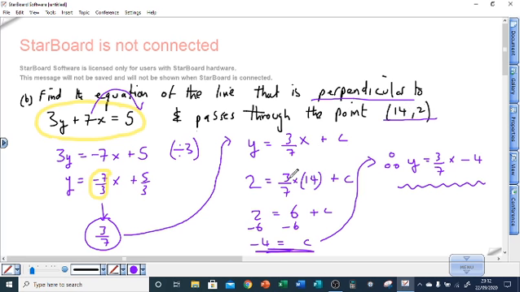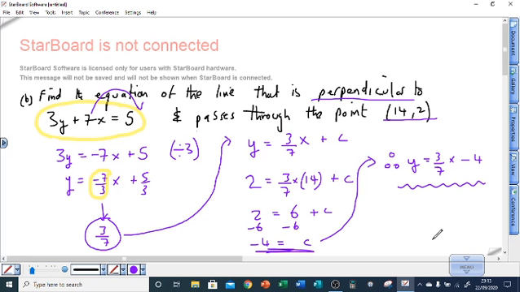Work this bit out. 3/7 times 14, we divide by 7, times by 3, gave us 6, and solve this simple equation. 2 equals 6 plus c. We take 6 on both sides. -4 must be the value for c. So I just replaced this with -4. So plus -4 is the same as writing -4. And that there is the answer.